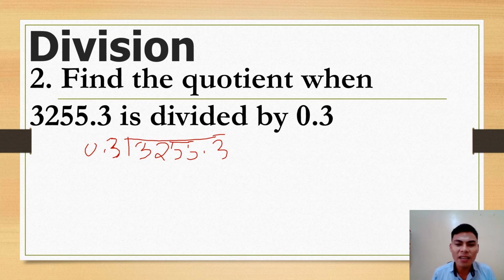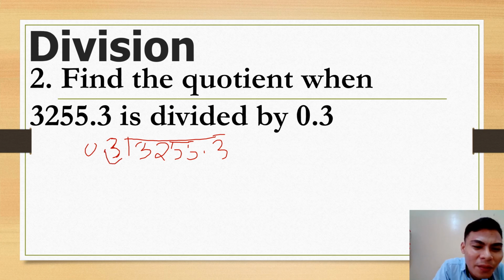Pero dito ang given is 0.3. Your next question in mind should be, paano magiging whole number si 0.3? Easy lang to, guys. This is how to solve this. If we move the decimal place of the divisor from left to right, magiging 3 siya.